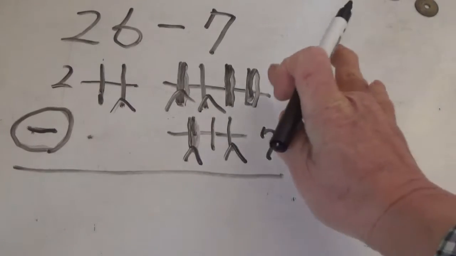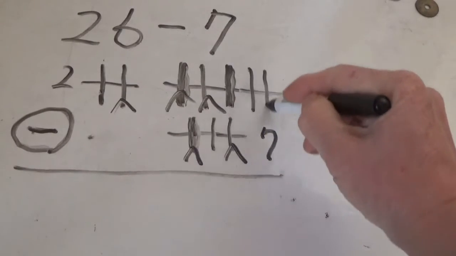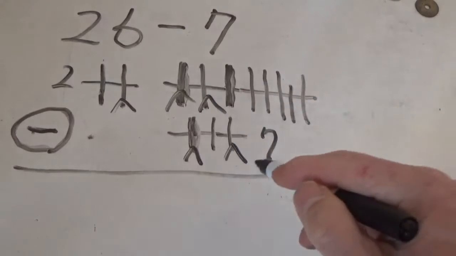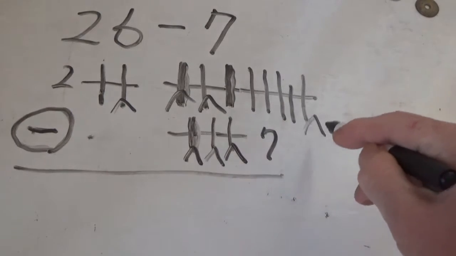Sorry, I will write 1, 2, 3, 4, 5. 5 and 5, that is 10. And that makes 10, and this is to be subtracted.